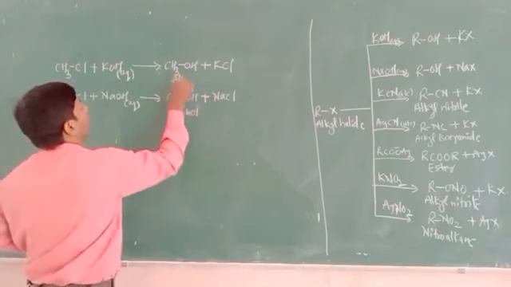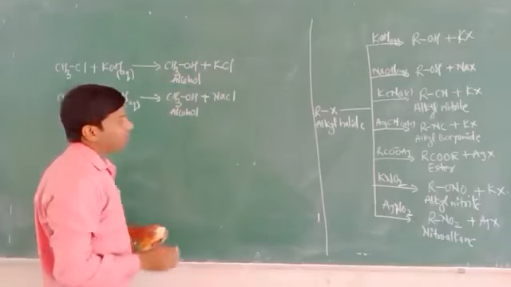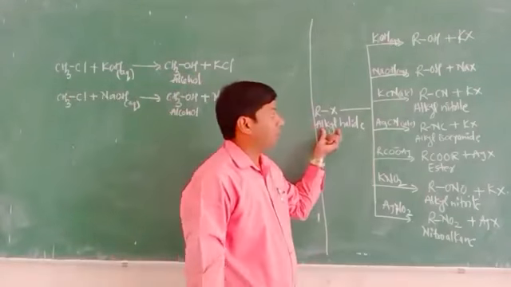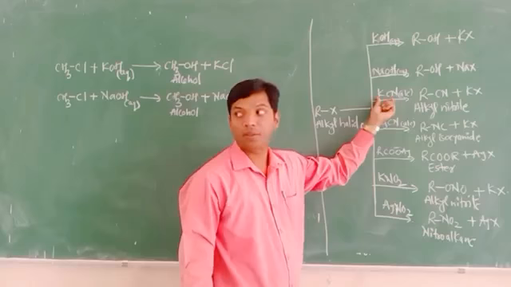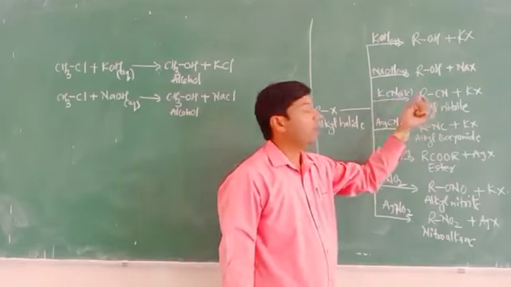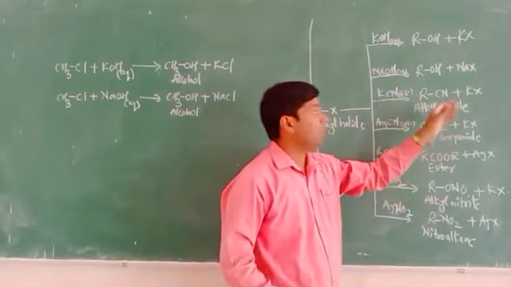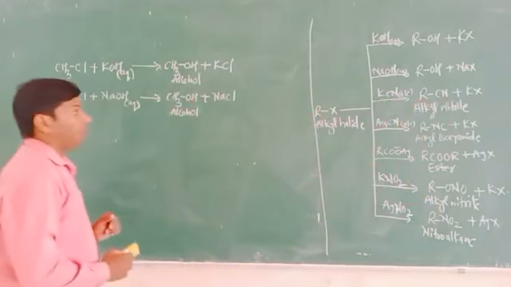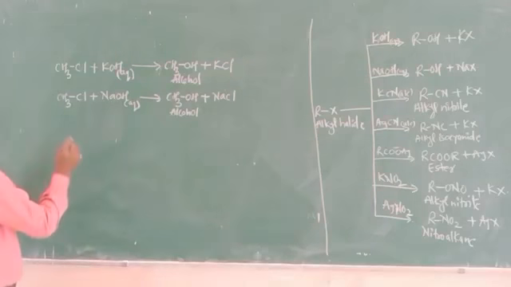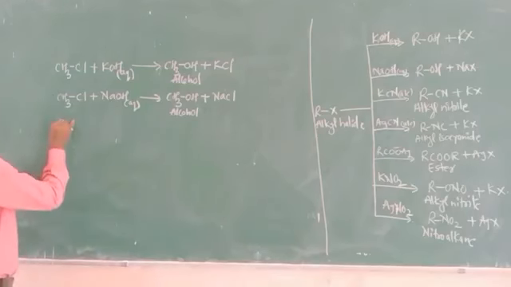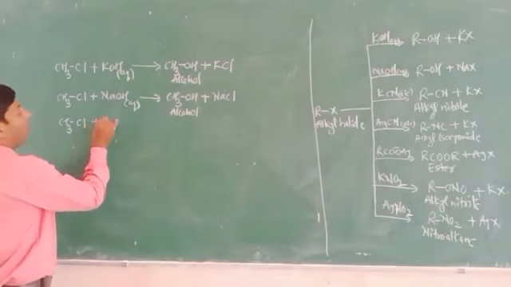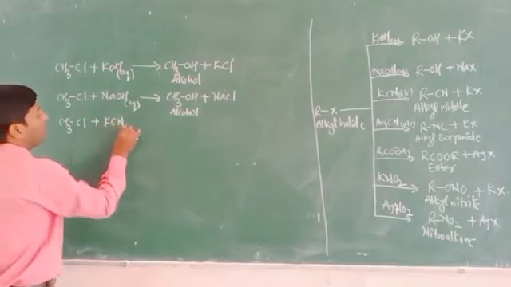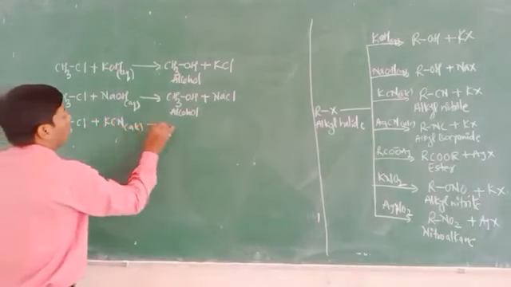This is also alcohol. Next reaction: when a given alkyl halide is treated with alcoholic potassium cyanide, it gives alkyl nitrile as a product by elimination of KX. I will write it here. Here also I will consider R as CH3 only. I write CH3Cl, and X I consider as Cl. Then I treat it with KCN, potassium cyanide, in alcoholic form. What do you mean by alcoholic?